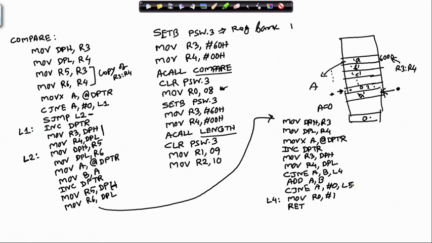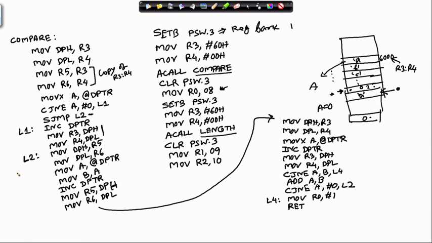So, this is L5. So, this should better be L2, that will do it correctly, okay, because if they are not same, I am jumping from here to here. So, this label should be L2. So, I should better make it L2, then the program will be correct.